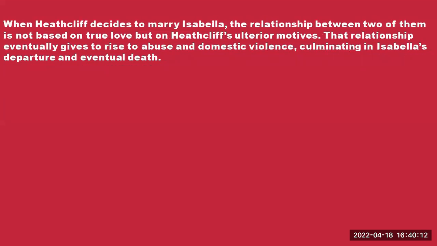When Heathcliff decides to marry Isabella, the relationship between the two of them is not based on true love, but on Heathcliff's ulterior motives. So we find a situation where the relationship between some of the characters is ill-motivated. That relationship between Heathcliff and Isabella eventually gives rise to abuse and domestic violence, culminating in Isabella's departure and eventual death.